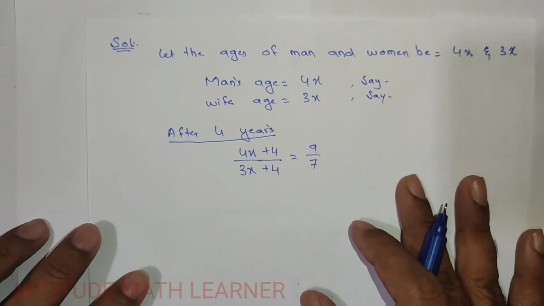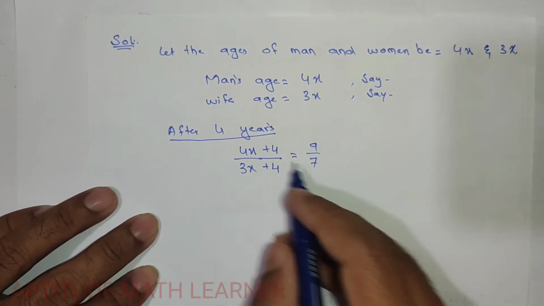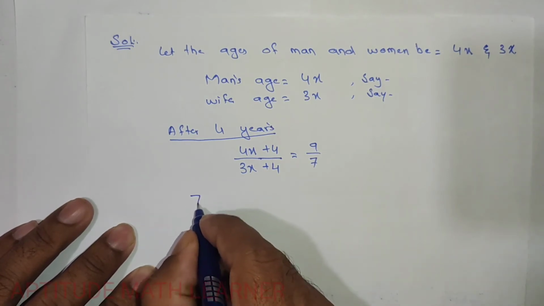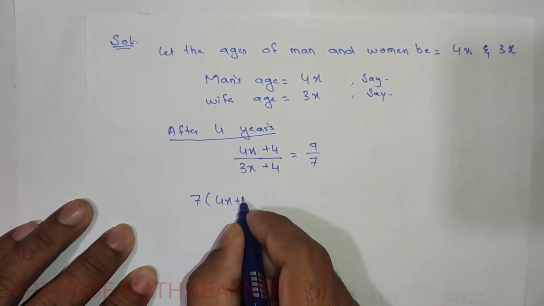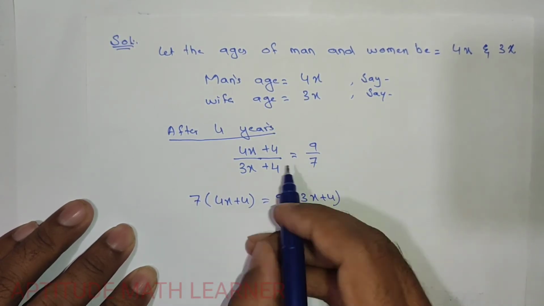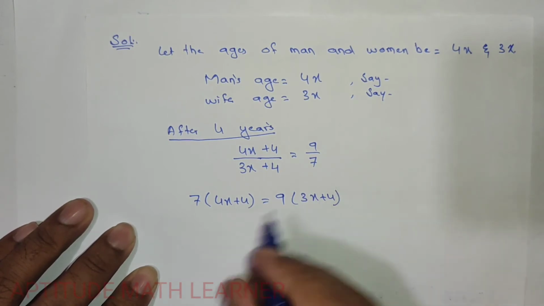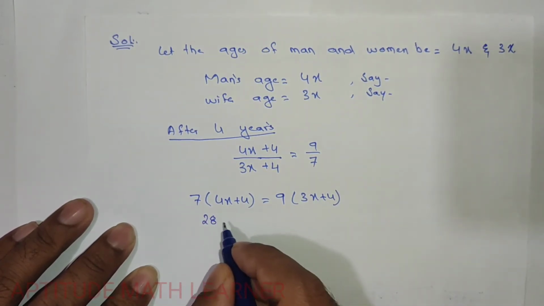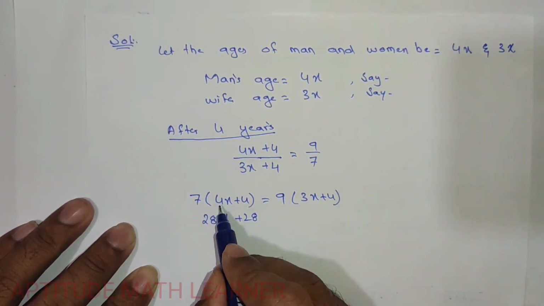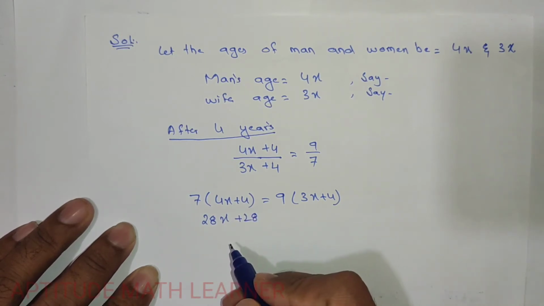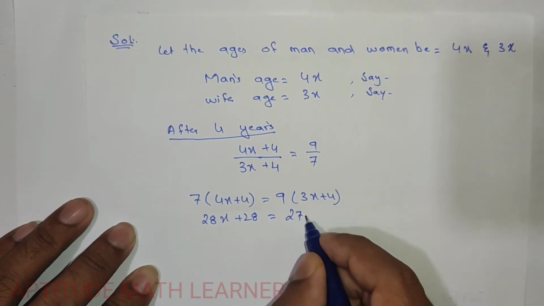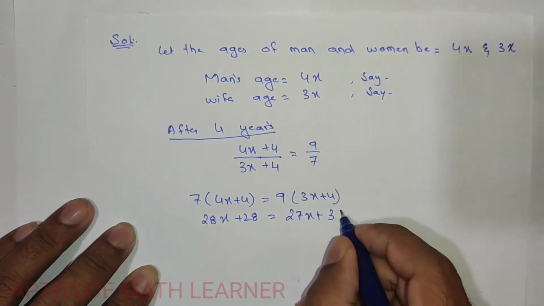To solve it, we cross multiply and we get 7 into 4x plus 4 is equal to 9 into 3x plus 4. So we have just cross multiplied it and it becomes 28x plus 28 is equal to 27x plus 36. So 7 multiplied by 4x and by 4 gives 28x plus 28, and 9 multiplied by 3x and by 4 gives 27x plus 36.